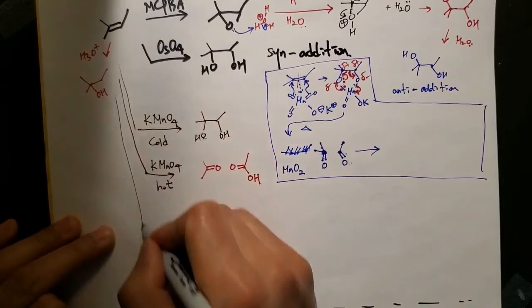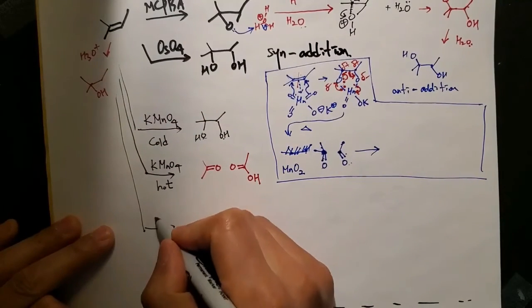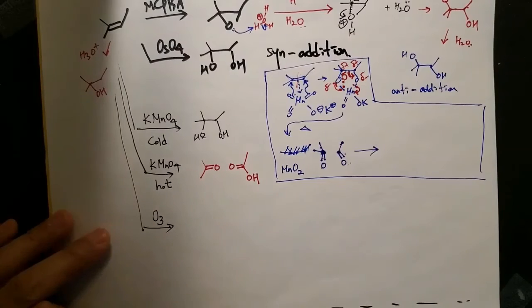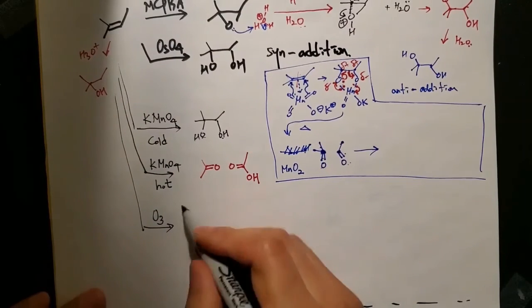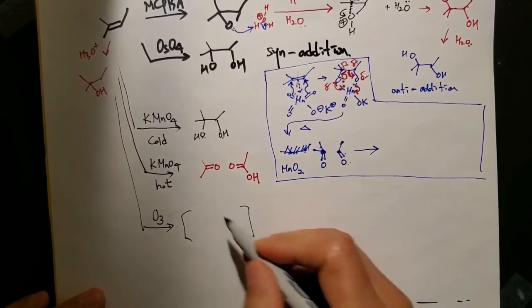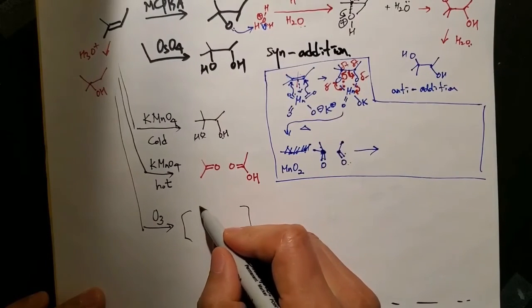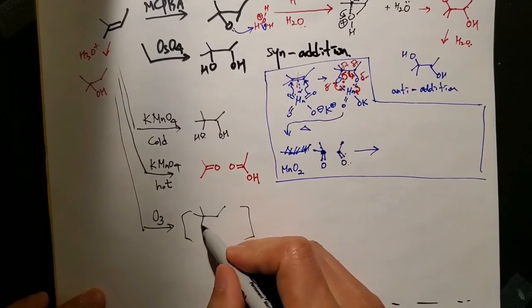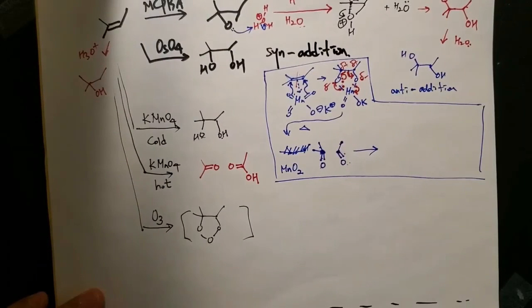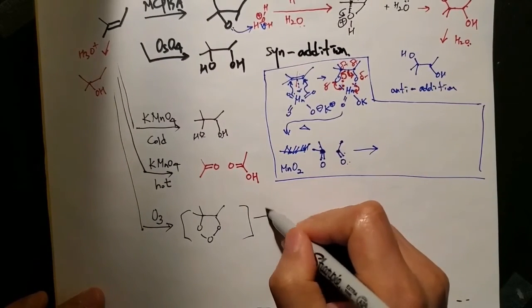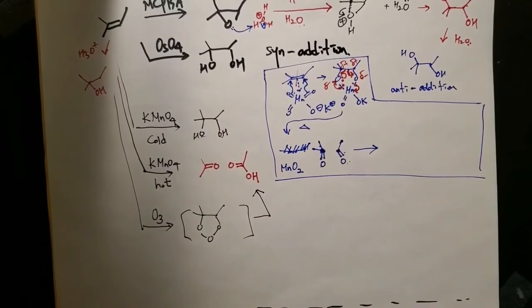There are more options for you for oxidation. You can do ozone, ozonolysis. Ozone, you bubble in, you break the double bond. It goes through this intermediate that's awfully similar to what you have seen, this one. Then eventually you are forming these pairs.